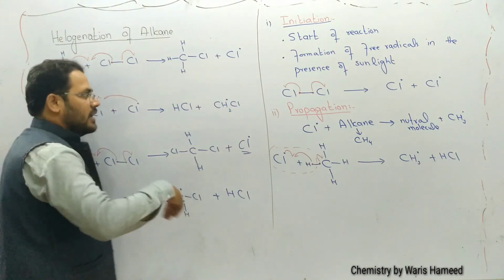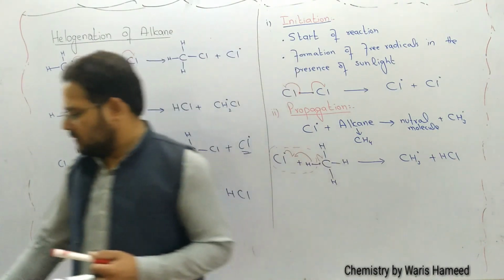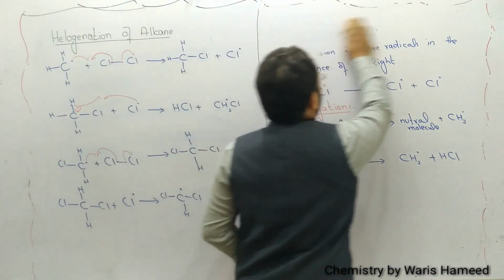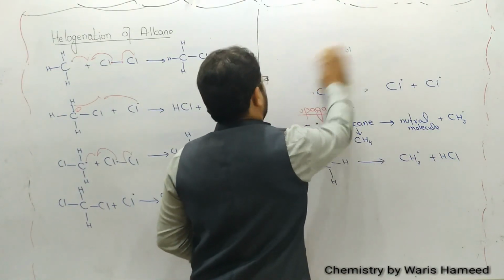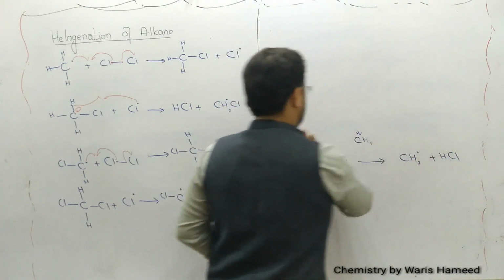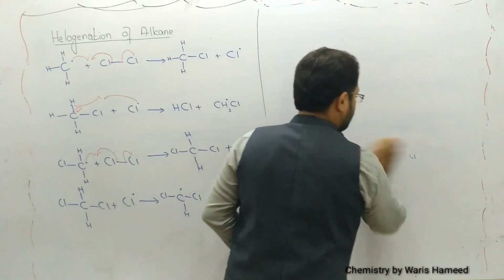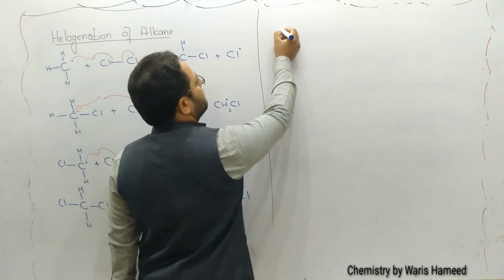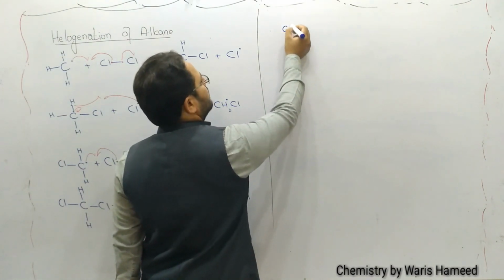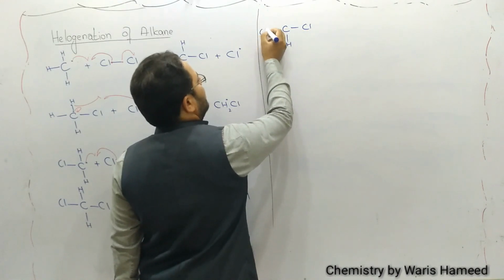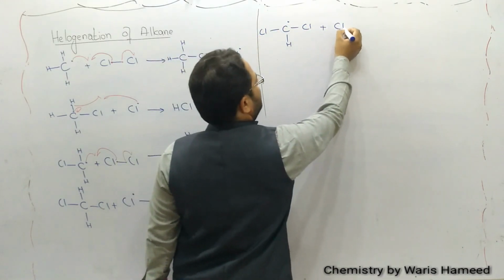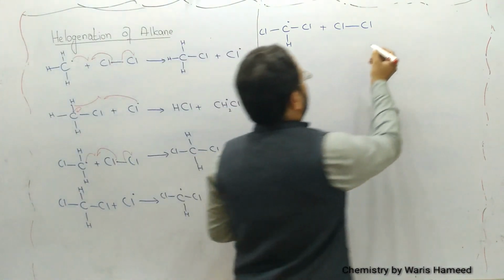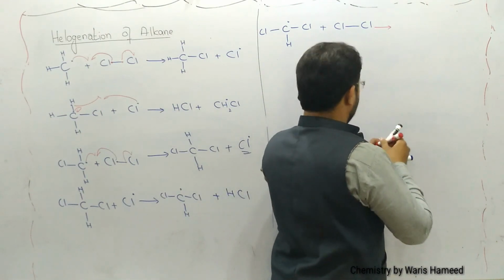Now this radical will again react with a chlorine molecule, and again there will be the formation of one chlorine radical.